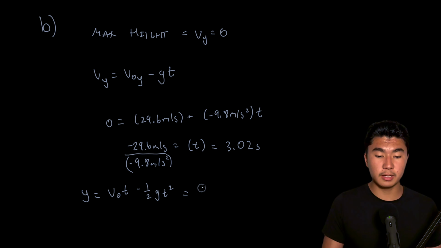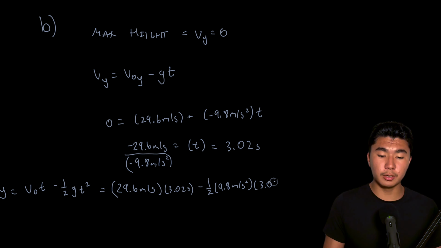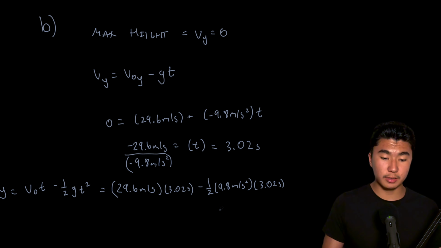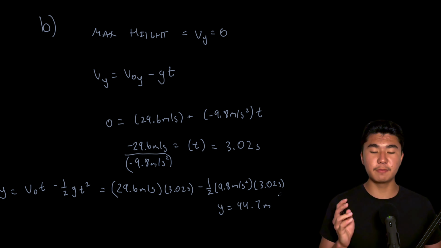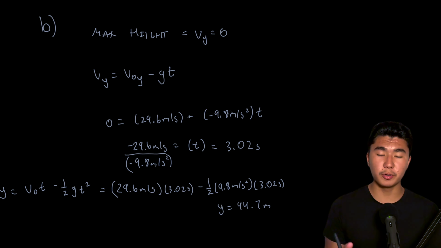So this is 29.6 meters per second times 3.02 seconds, minus 1/2 times 9.8 meters per second squared times 3.02 seconds squared. And when you do the math yet again, you get y equals 44.7 meters. And 44.7 meters is the maximum height, reached at 3.02 seconds.